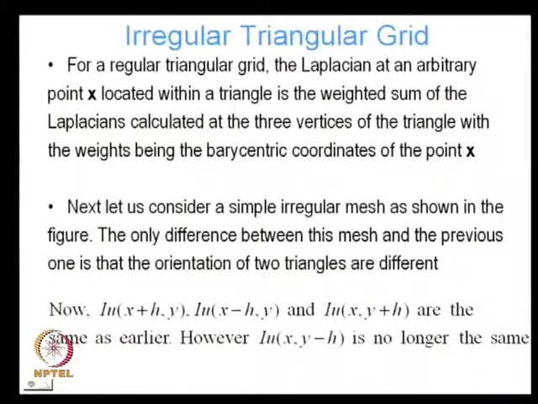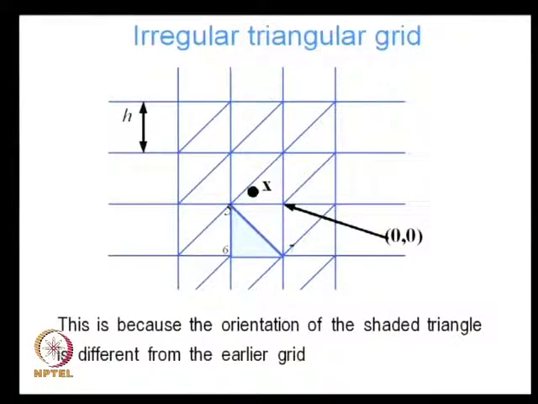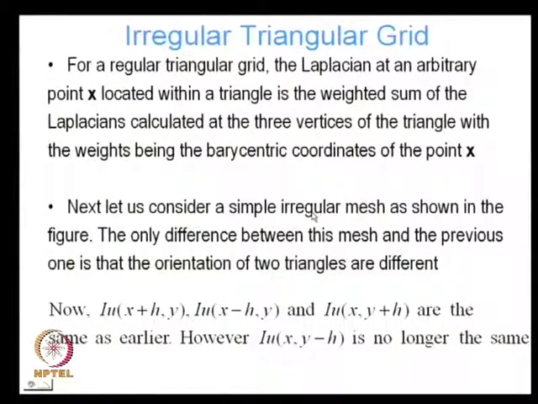So, the irregular mesh we will consider is something like this, where it is very similar to the previous mesh, except that you can see the orientation of these two triangles is different from the rest of the triangles. So, we have changed the orientation of these two triangles, but kept the orientation of the rest of the triangles the same. So, two triangles are different.